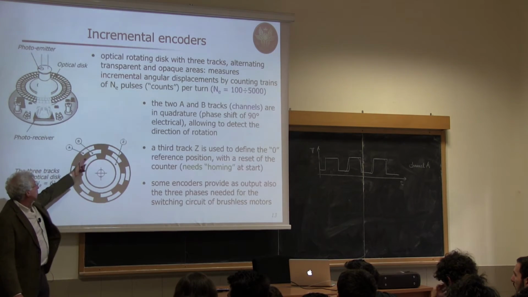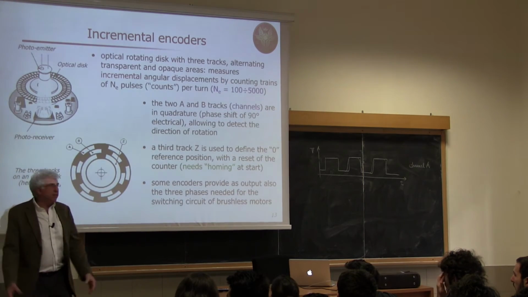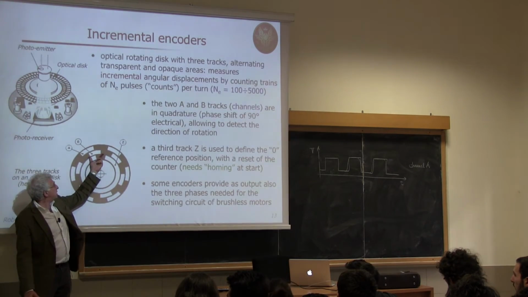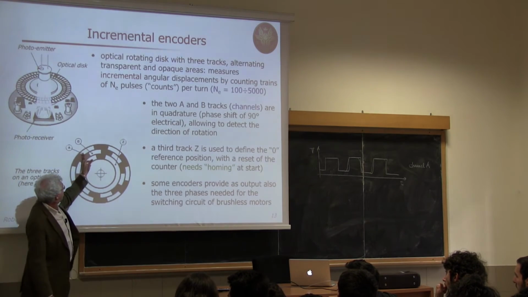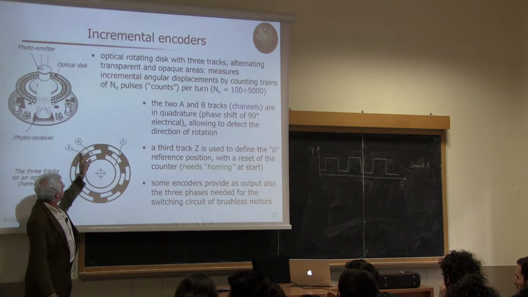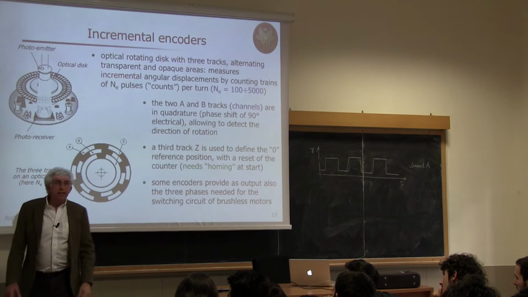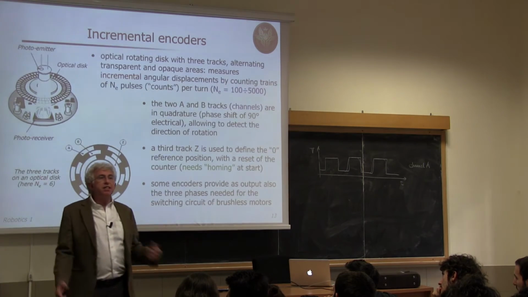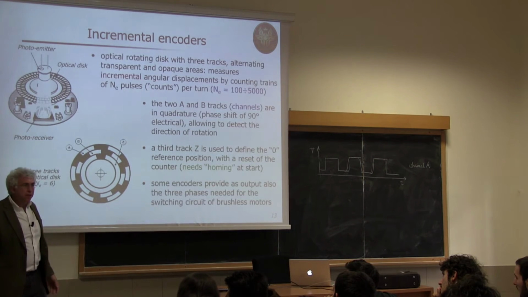Now, why is there a second channel, which exactly does the same? I mentioned before that it is 90 degrees out of phase, electrical, because you have to count one electrical period, from here to here, which is exactly 360 mechanical degrees divided by the number of pulses per turn.